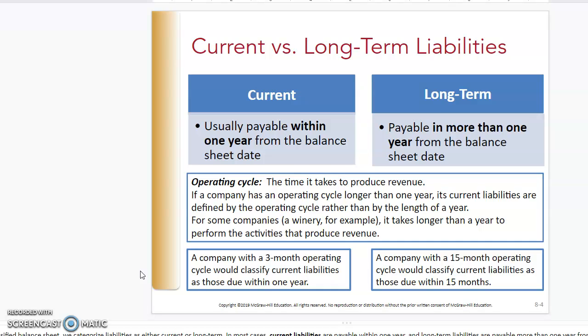All right, we'll go to the next slide here and talk about current versus long-term. I've already talked about current and long-term and the differences. Generally, the rule is within 1 year of the balance sheet date. There is one exception. If the company's operating cycle is longer than a year, then the current liabilities include everything that is included in that longer operating cycle.